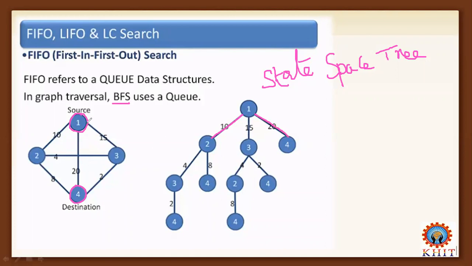And one more path from node 1 to node 3 with cost 15. In the first iteration, there are 3 ways you can move from node 1 to node 2, node 3, node 4, having weights of 10, 15, 20 respectively.